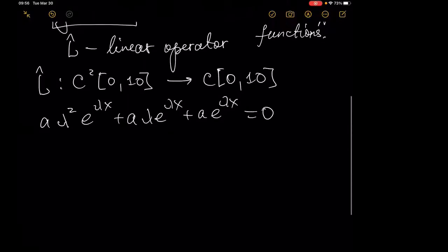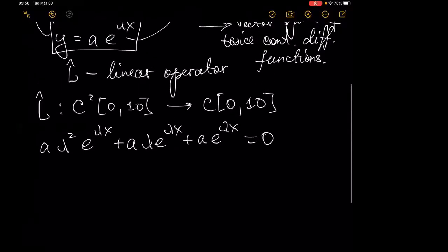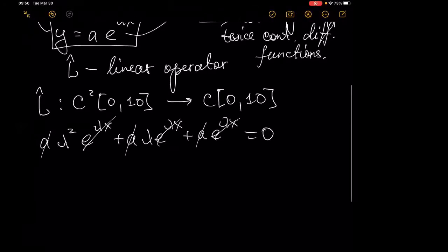In general a is an arbitrary constant, so let me get rid of it. E to the power lambda x is a non-zero scalar, so I can also divide by that. As a result, I get lambda squared plus lambda plus 1 equals 0.